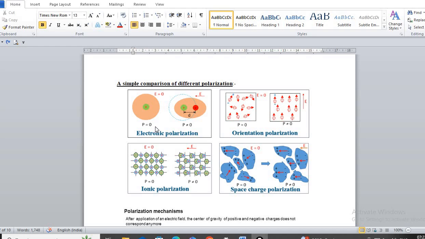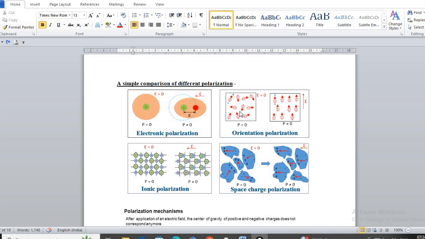Electronic polarization, they are basically forming dipoles from the atoms. Now you can see the atoms where the centers of gravity are coinciding with each other. When external field is 0, the polarization is also 0. But as you apply the field in one particular direction, there is the formation of dipole. This forms a polarization. This is known as electronic polarization.